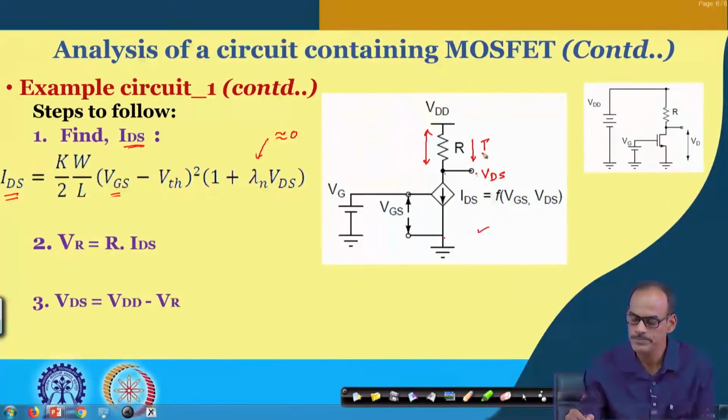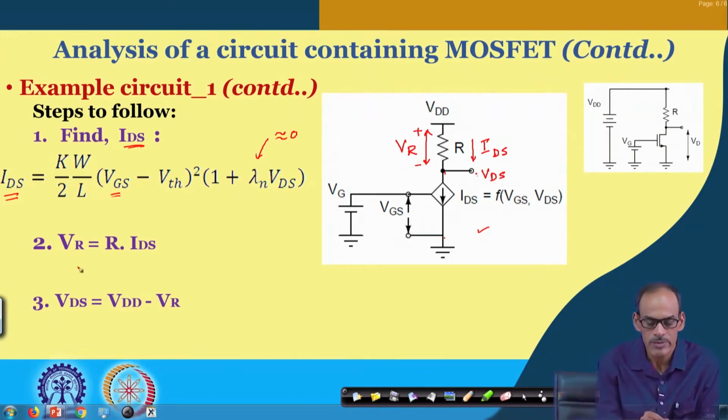So, applying KCL here at the drain node, the same IDS current is flowing through this resistor, creating a drop across it, called say VR, with this side plus and this side minus.